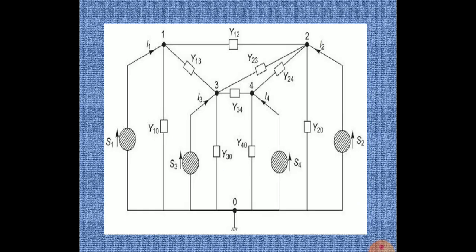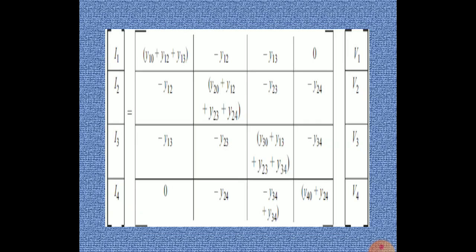Similarly for the second bus, the mutual admittance value is noted as minus of Y12, and capital Y22 is equal to Y20 plus Y12 plus Y23 plus Y24. And between bus 2 and 3, the mutual admittance is given by minus of Y23.